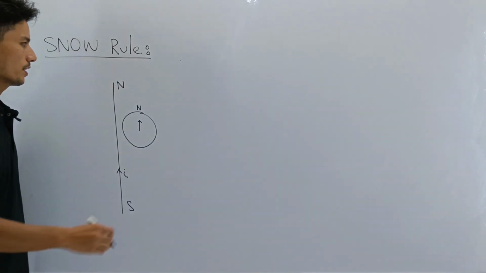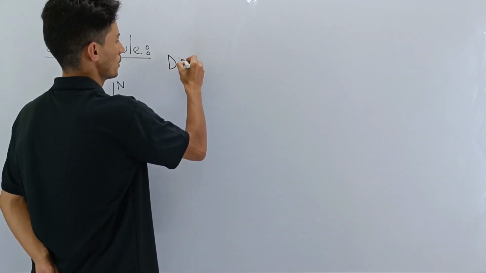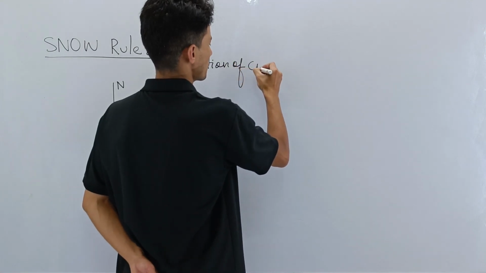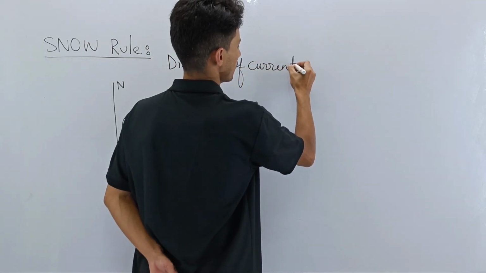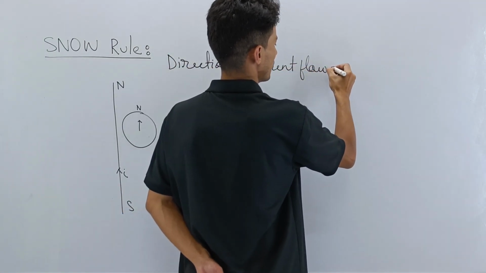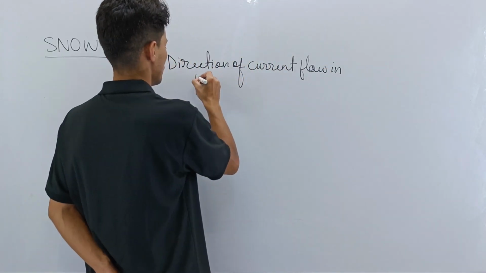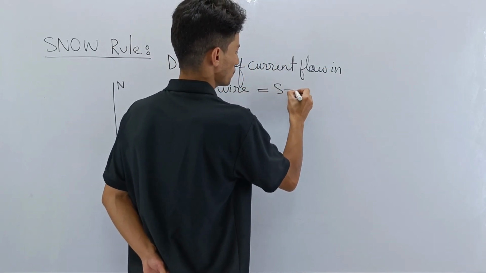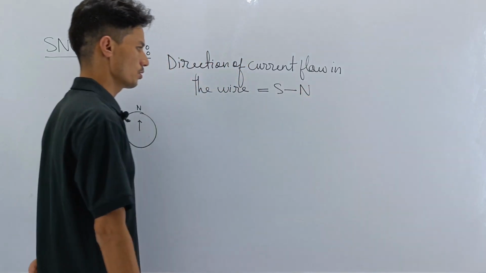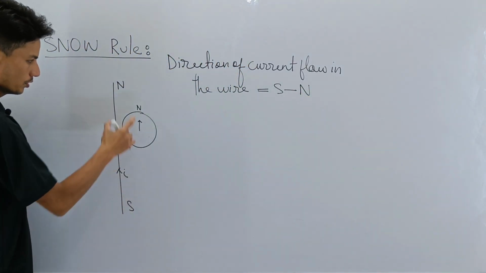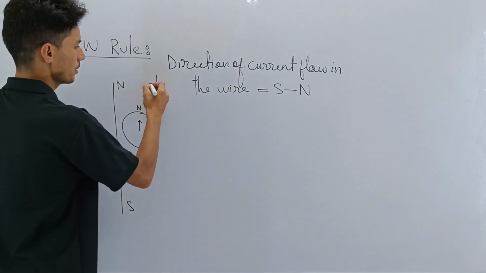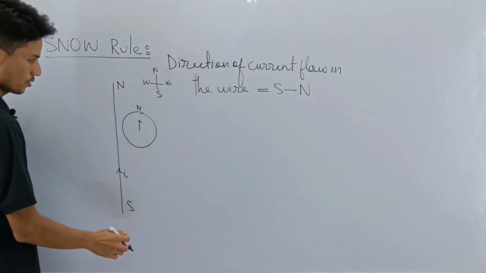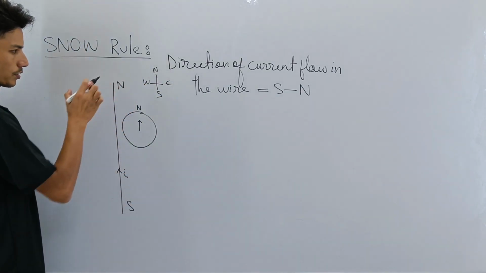So the direction of current flow in the wire is from south to north. Remember the cardinal points: north, east, west, south. So current is flowing from south to north, okay.